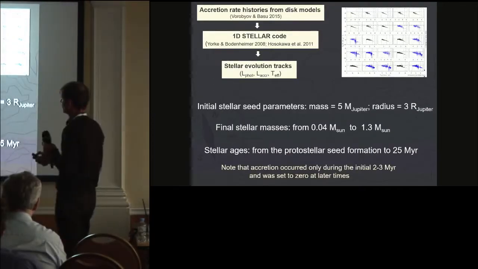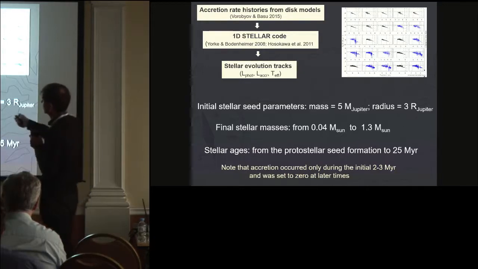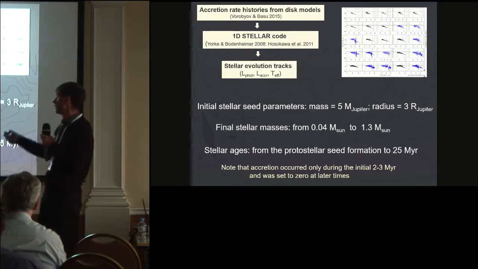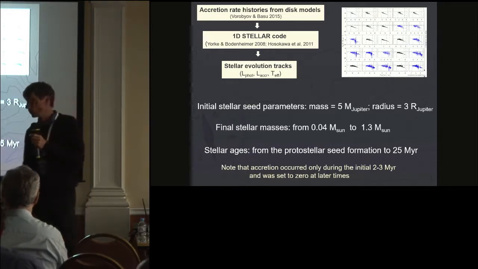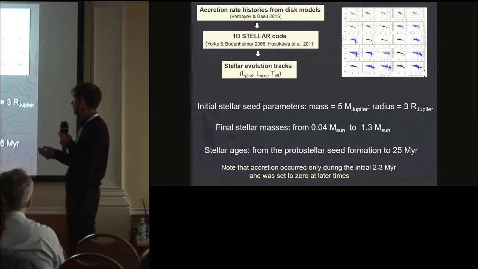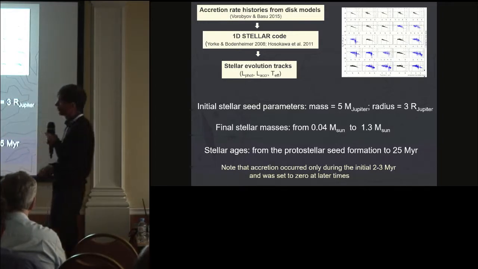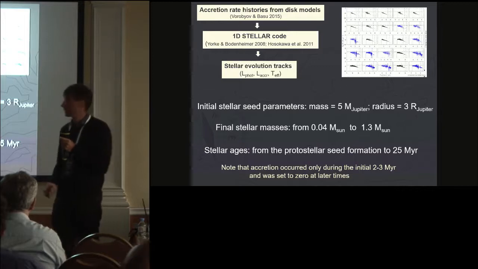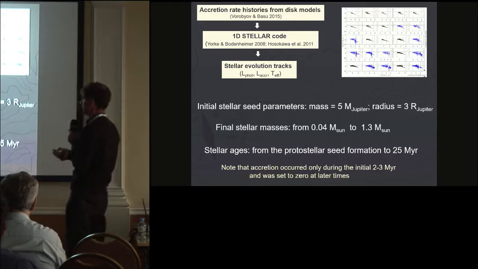Okay, so we took all these mass accretion rate histories derived from simulations and post-processed them with the 1D stellar evolution code by York and Bodenheimer. And we derived the stellar evolution tracks: photospheric luminosity, accretion luminosity, effective temperature.